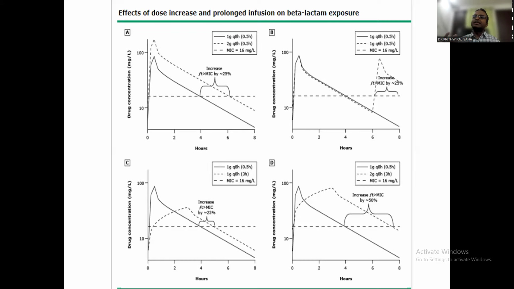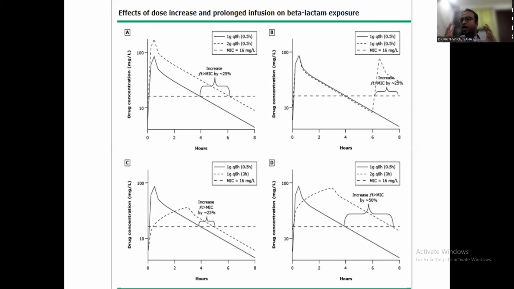If we increase the drug and we give it in infusion, this is the reason I have also explained while explaining breakpoint that we increase the dose of meropenem from 1 gram TDS to 2 gram TDS when meropenem is resistant, and we try to cover up to an MIC of 16.